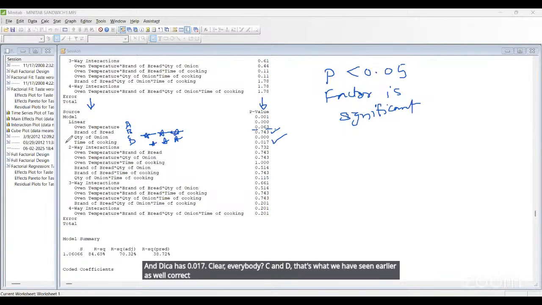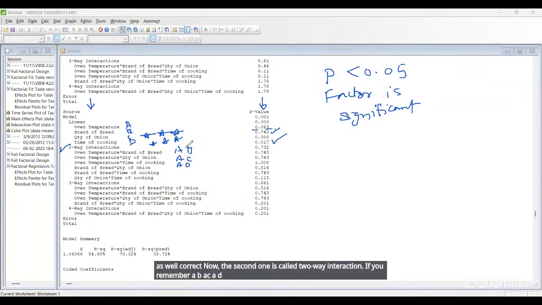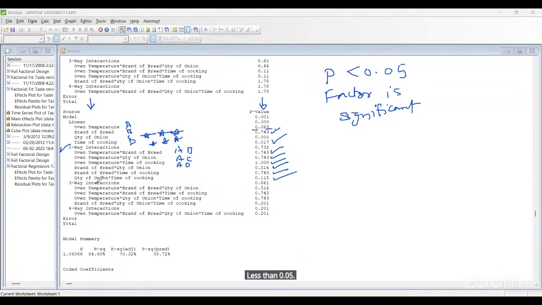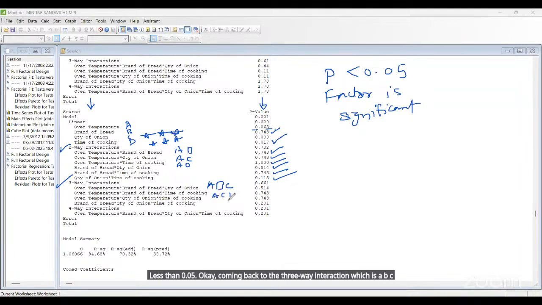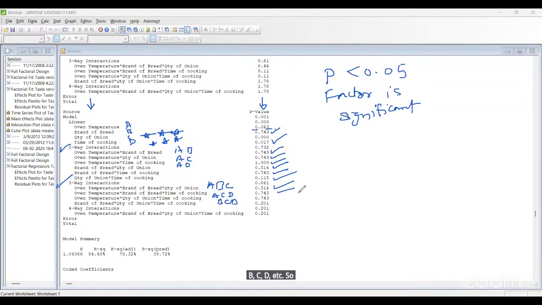Now, the second one is called two-way interaction. If you remember, AB, AC, AD, all these are two-way interactions. But if you observe very closely, not a single interaction is less than 0.05. Coming to the three-way interactions, which are ABC, ACD, BCD, again not a single interaction is less than 0.05.